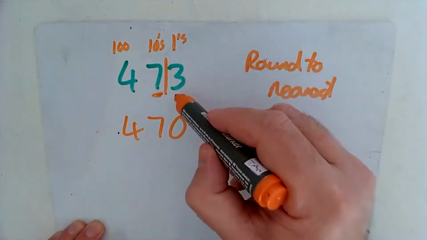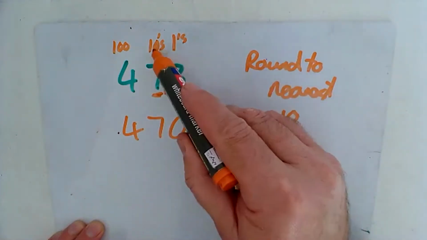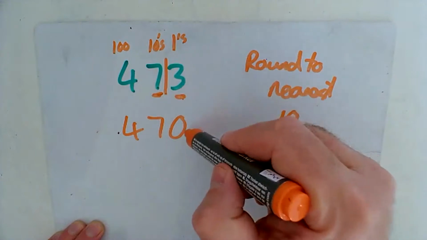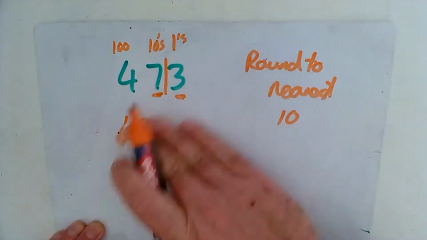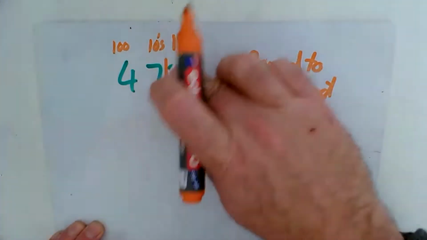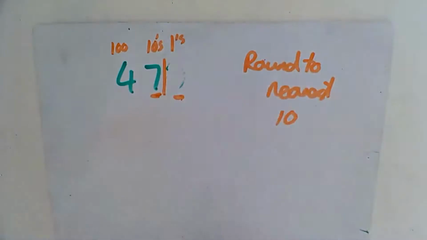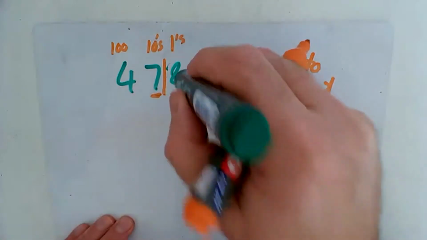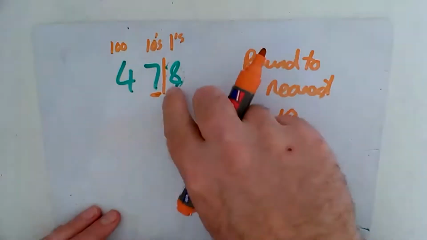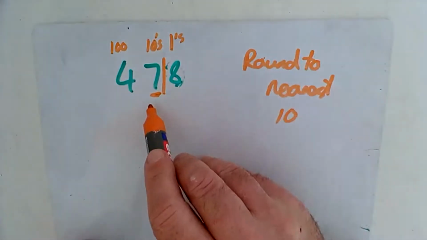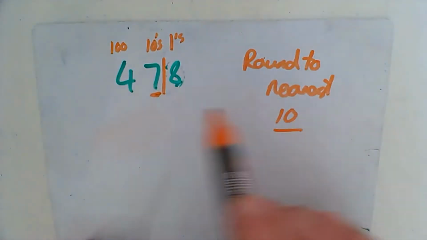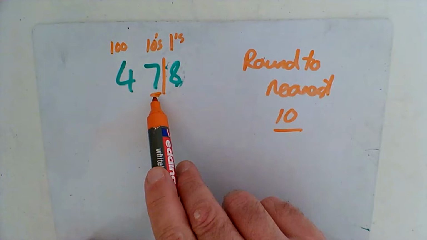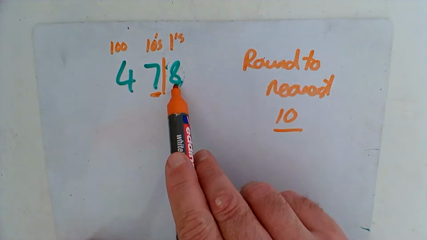Now, remember, every single digit after the one you're rounding to becomes a 0. So this is 470. Now, if this was 478, okay? Again, I underline my tens because I'm rounding to the nearest 10. This time, this is 5 or above.